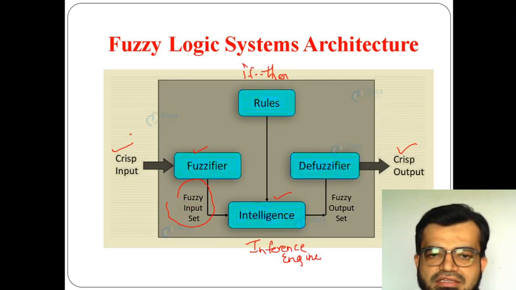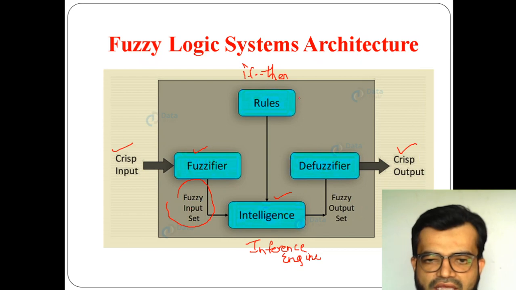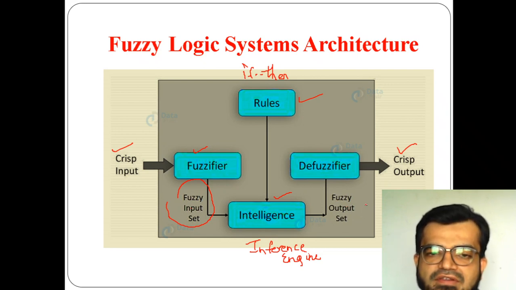So the inference engine will take two inputs: one is the fuzzy rules and the second is the fuzzy input sets. Based on these two inputs, it acts on them and gives you an output which is still a fuzzy set, the fuzzy output set.